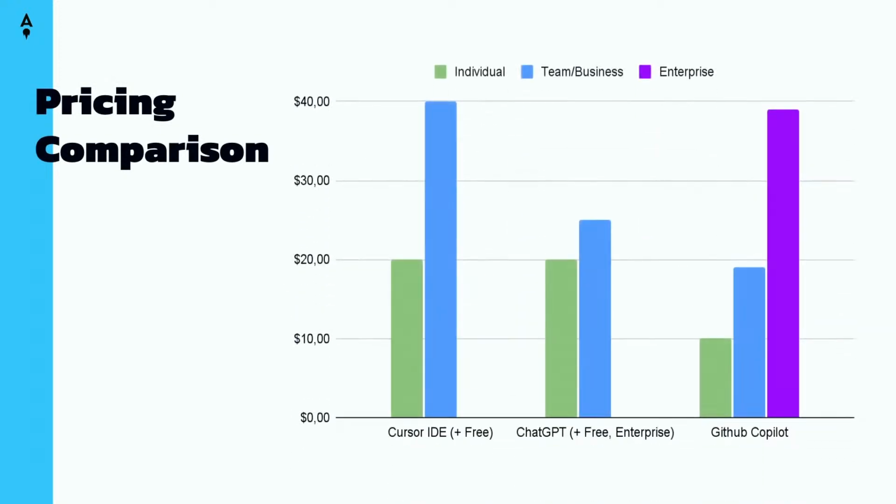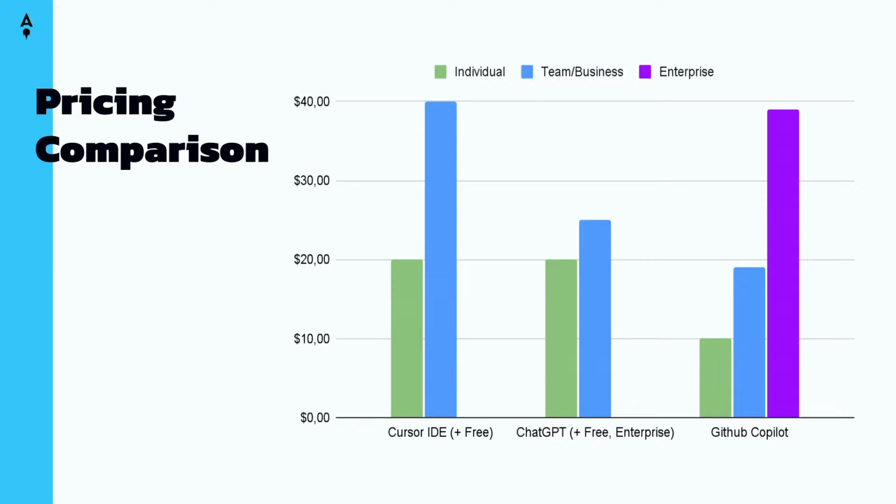So I have a little pricing comparison between them, where I tried to loosely compare the different tiers, where GitHub Copilot comes out as the cheapest option in the individual, Pro tier. But I feel like it doesn't really give you what Cursor does, so I would actually at that point rather pay twice for Cursor than just use VS Code with Copilot together.